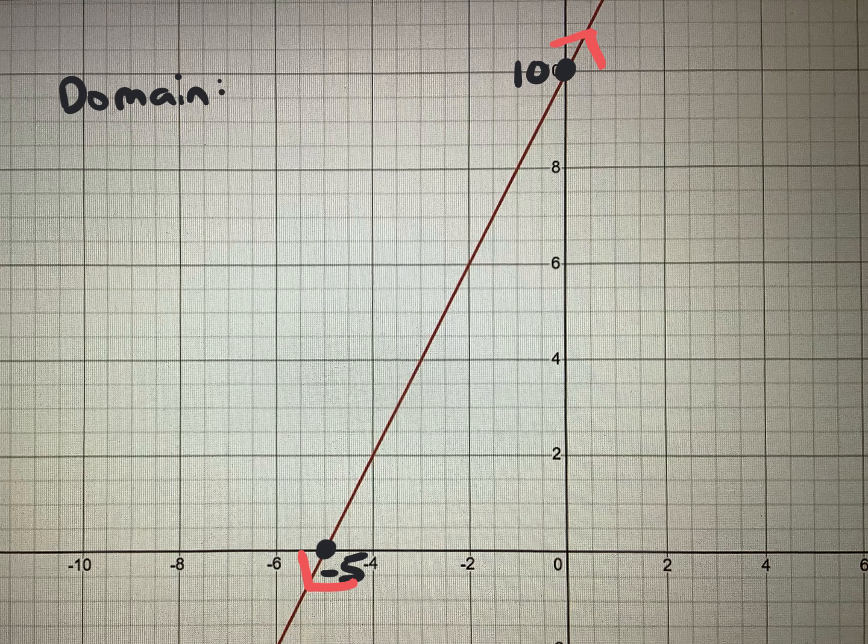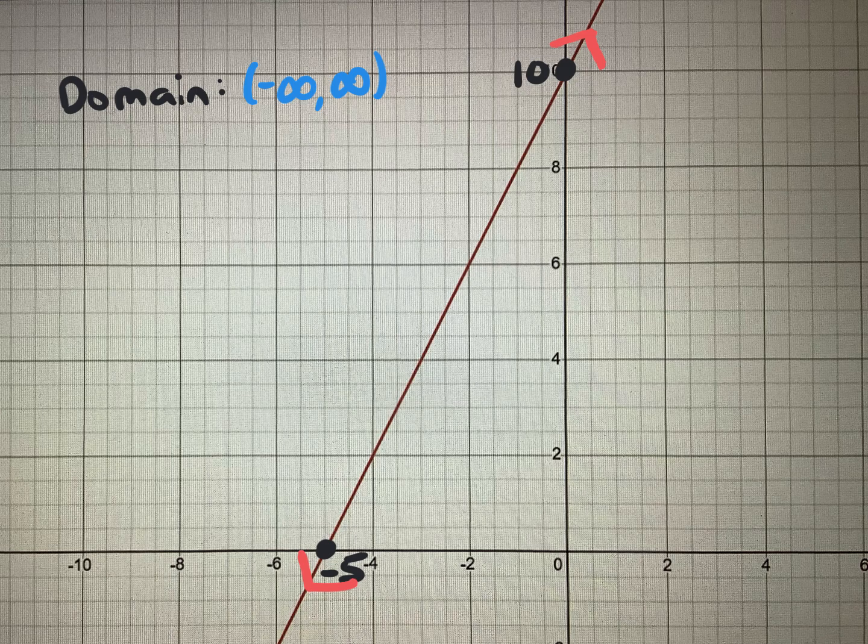Why not? It's going to keep on going to where? But it's negative, right? So negative infinity. And now we want our highest x value. What's my highest x value? Because we hit the arrow again, right? So it's going to keep going this way forever. So we got positive infinity there.